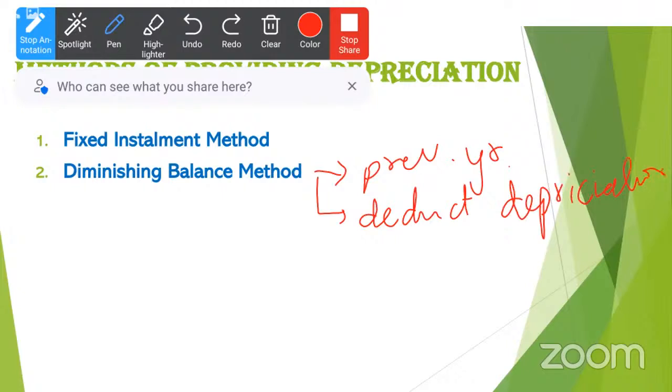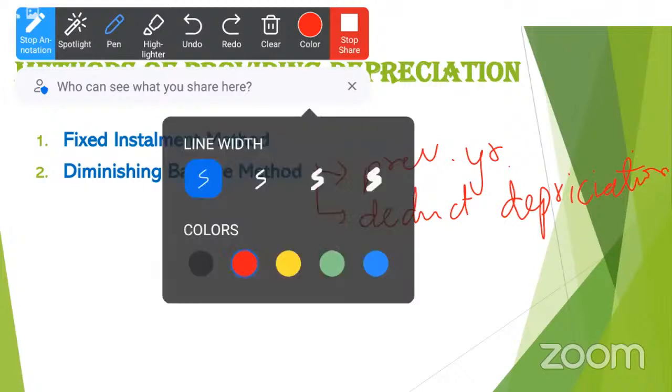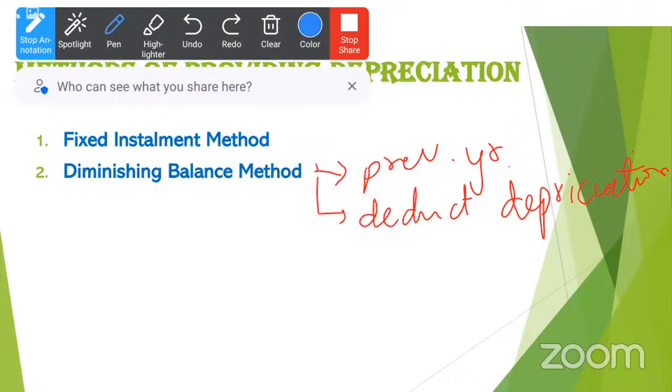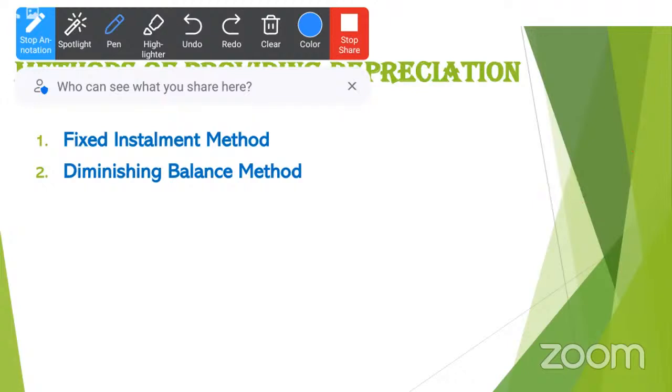In this, the total charge, the depreciation plus repairs and renewals, remains almost uniform year after year. Since in the early years the amount of depreciation is more and the amount of repairs and renewals is less, whereas in later years the amount of depreciation is less and the amount of repairs and renewals is more.